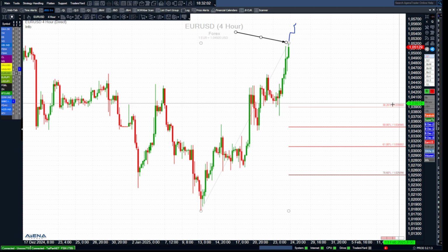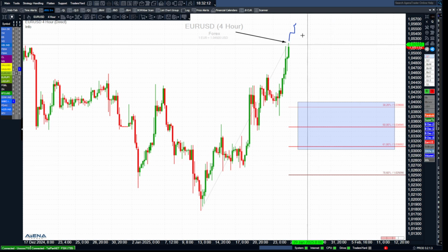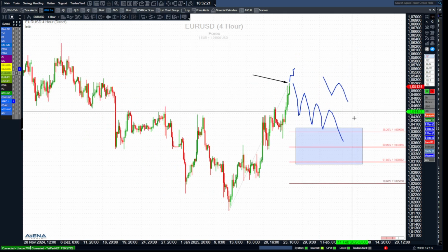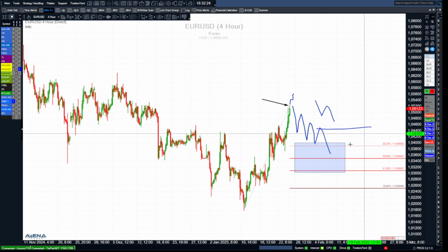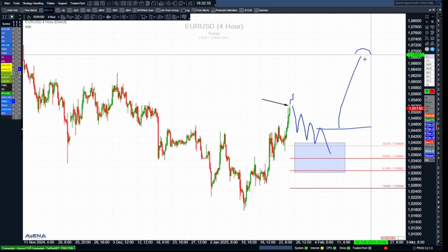So if the market at any time from now goes into this area here, 38, 50, 61.8, in a corrective pattern, which is like this, a three-wave pattern, then we have a chance to re-enter or to open a first position or to expand our current position and continue for higher grounds as we've seen in the daily chart.